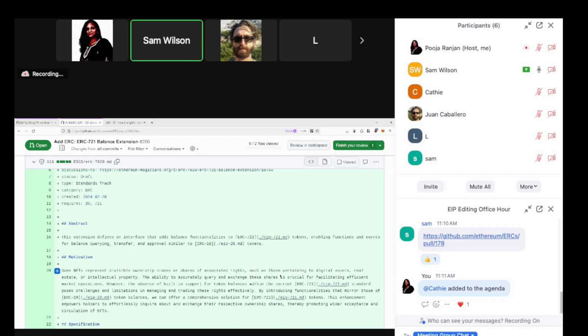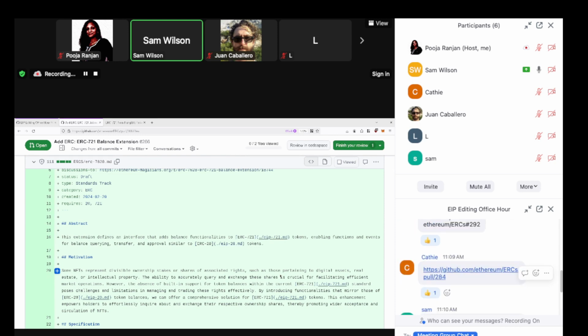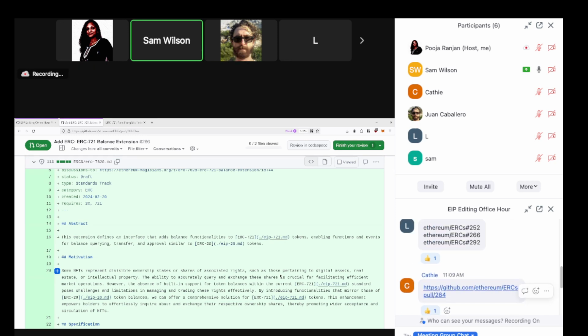This extension defines an interface that adds balance functionalities to ERC 721 tokens, enabling functions and events for balance querying, transfer, and approval, similar to ERC 20 tokens.